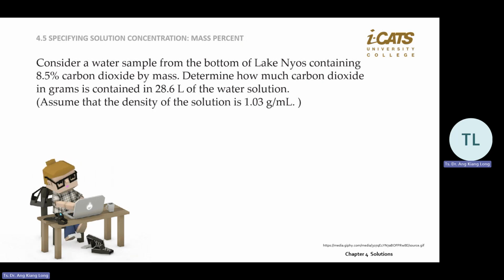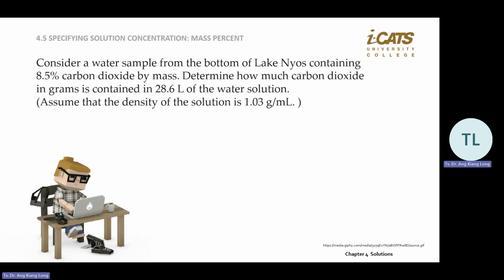So you need to convert milliliter into liter. This is some of the tricky part that I usually use in the questions coming up in your test. So watch out for next week's test. Usually I will play around with the units, so be careful when you read the question.